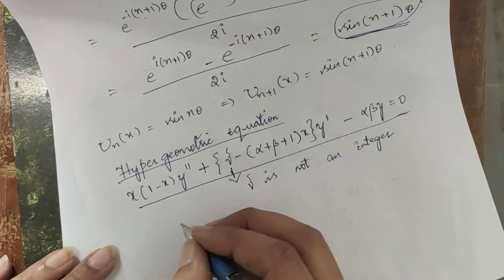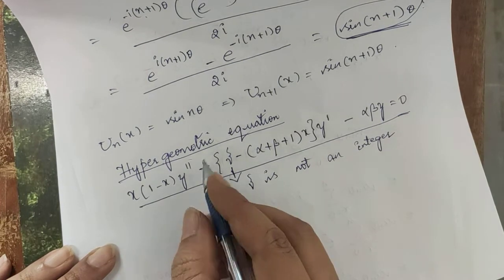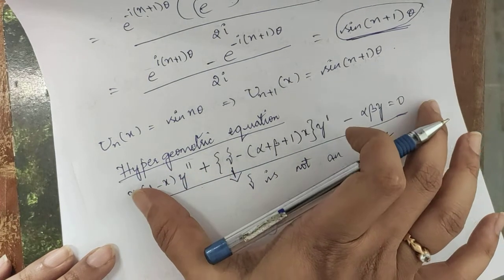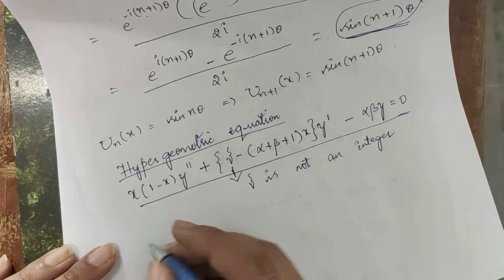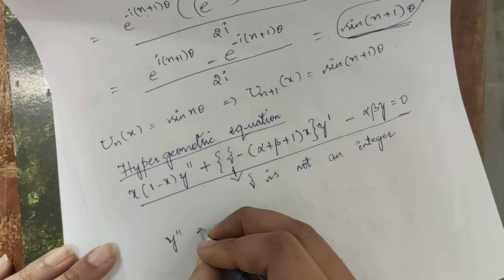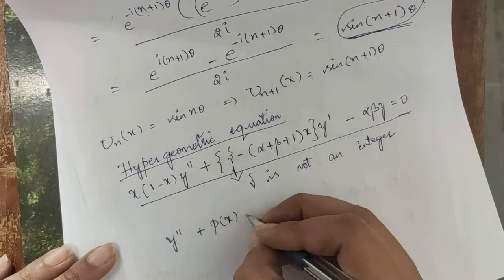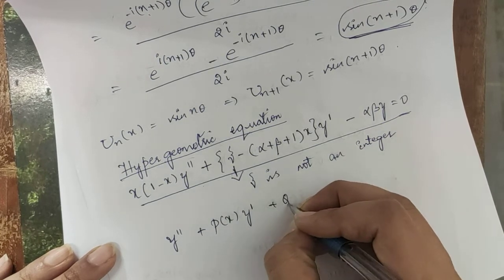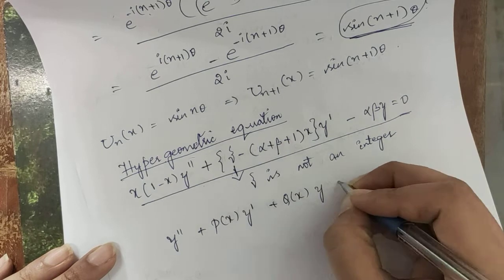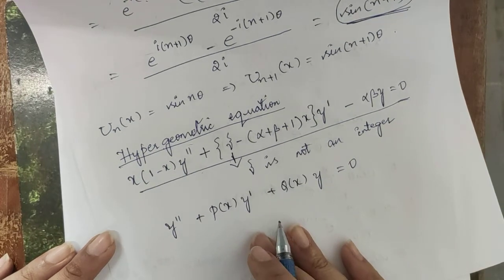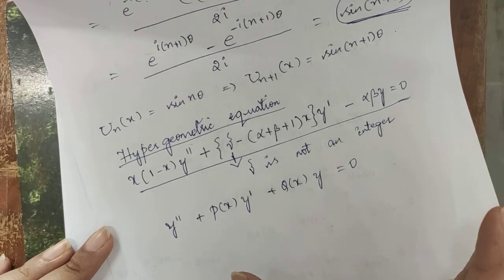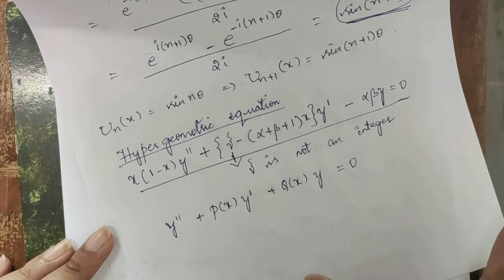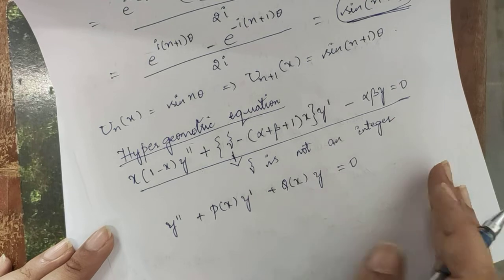Okay, so now first what we have to do, we have to compare this hypergeometric differential equation with the standard differential equation, that is nothing but y double dash plus p of x into y dash plus q of x into y is equal to 0. At x is equal to 0, we have to find out whether it is an ordinary point or a regular singular point, right?